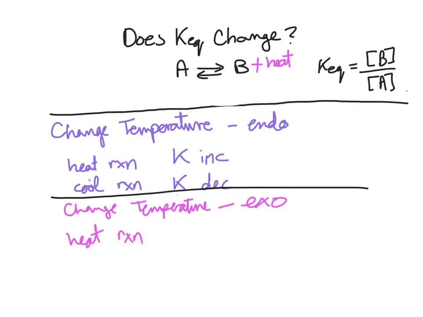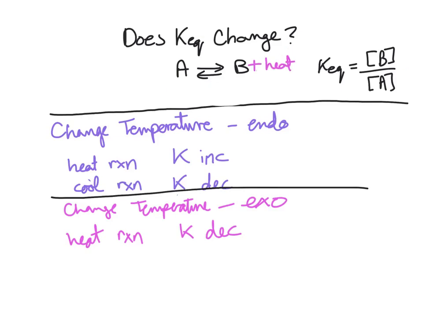It's going to shift to the left to use up that heat. When it shifts to the left, I increase my value of A. Did I increase B as well? No. I only increased A. What's going to happen to the value of KQ? It's going to get smaller. So if I heat up an exothermic reaction, KQ decreases.